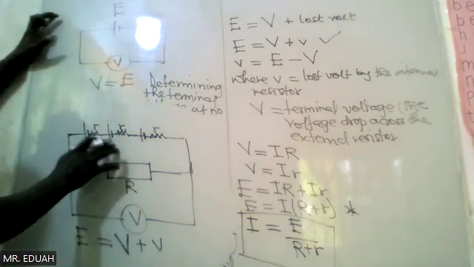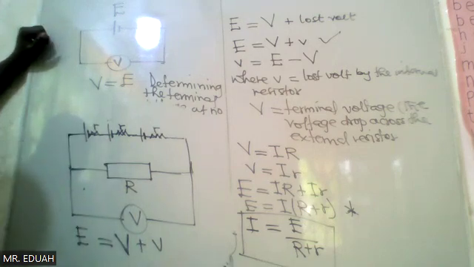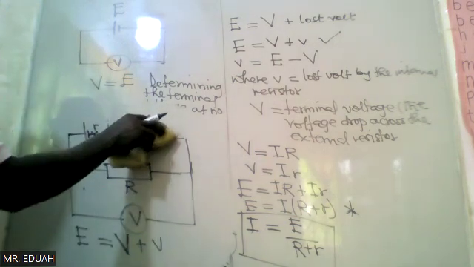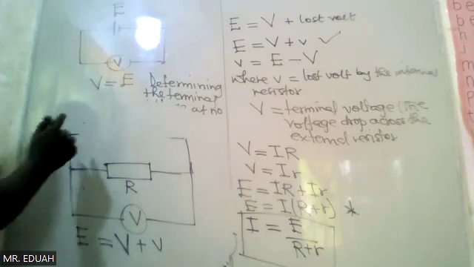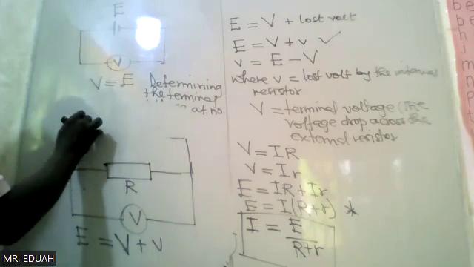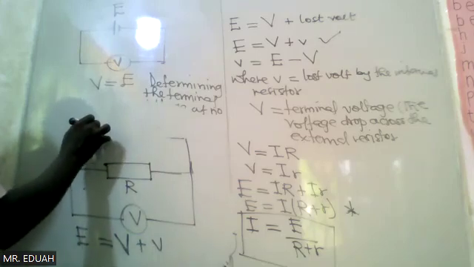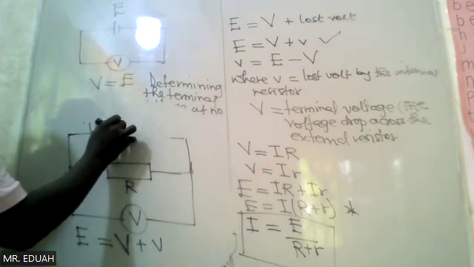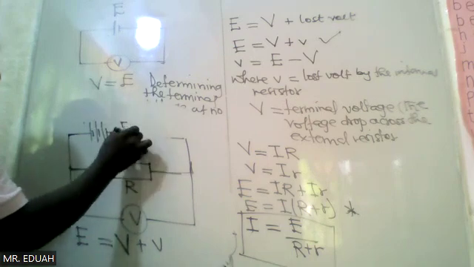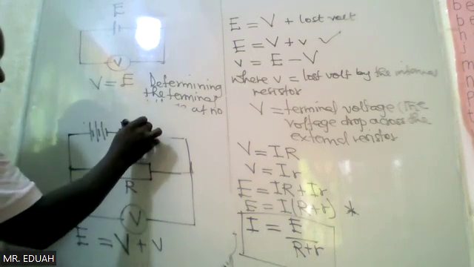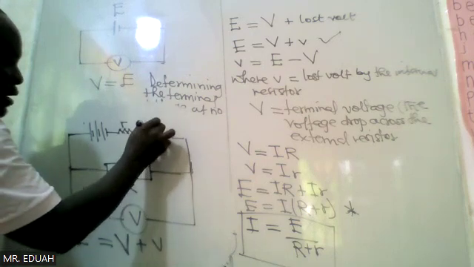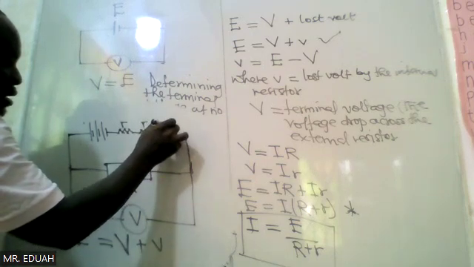Since each of the cells appears to be in series, if we are drawing a circuit, this is how each of them will look: 1, 2, 3, each with an internal resistance r.